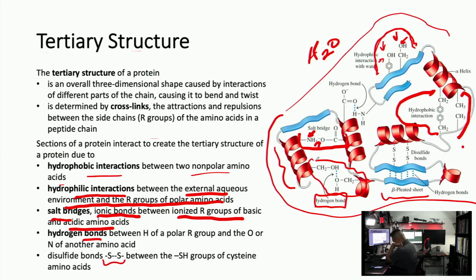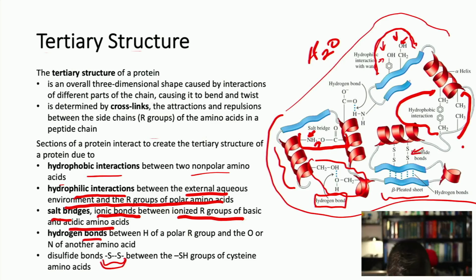And then, last but not least, an example of disulfide bonds right here. They're holding together covalently, which is why when you look at a disulfide bond, it's a solid line between the two S's. But with hydrogen bonding, there's just three dots, and with hydrophobic interactions, there are no dots or lines at all, because those are all non-covalent.